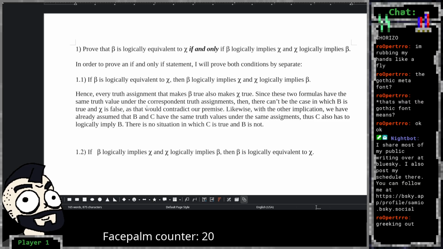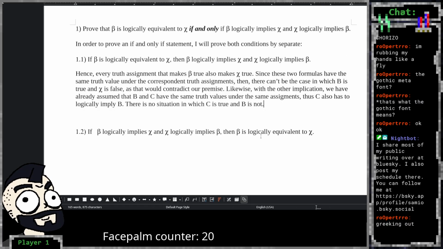See? Okay, so this is one half of a mathematical proof.